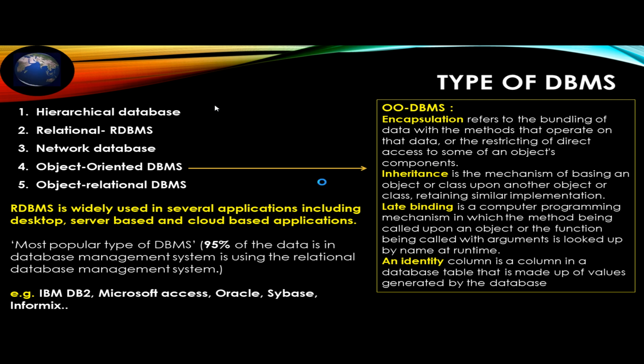And then an identity column is a column in a database table that is made up of values generated by the database. It means this value is coming from this result. So this is the identity of the information, like this is the mean value or this is the standard deviation.